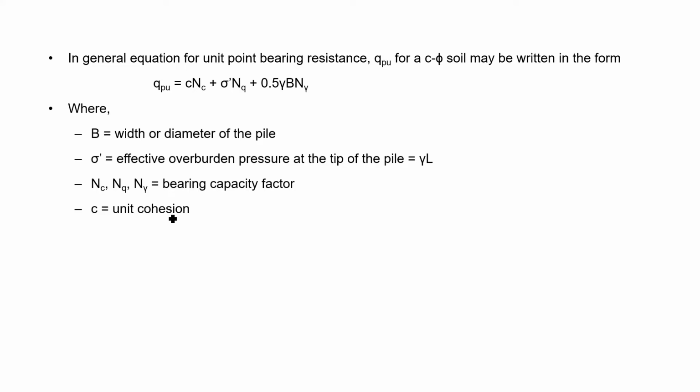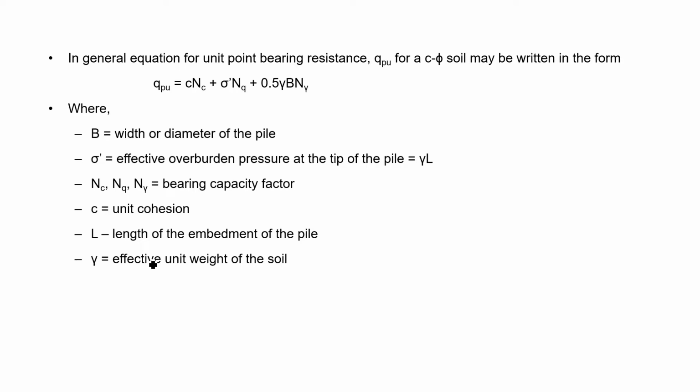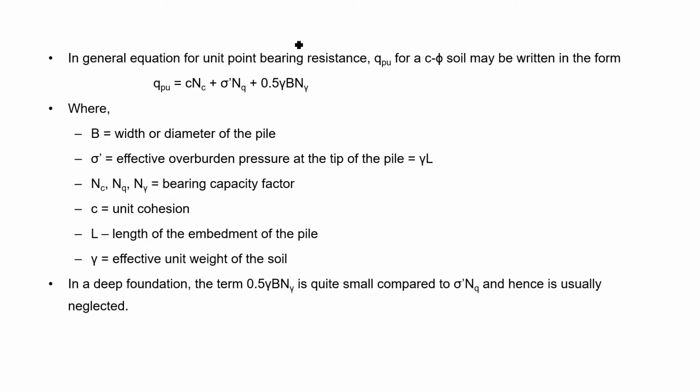C is the unit cohesion. L is the length of embedment of the pile. Gamma is the effective unit weight of the soil. In a deep foundation, it is observed that the term 0.5 gamma B N gamma is quite small compared to sigma dash Nq, so this term is neglected.